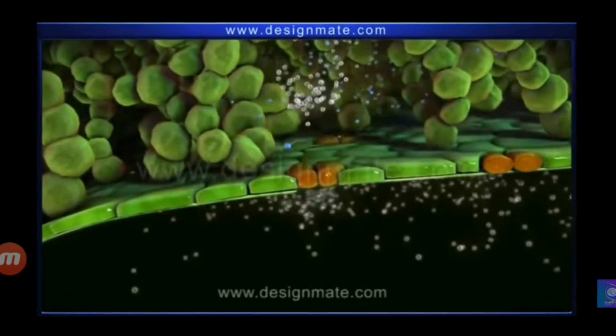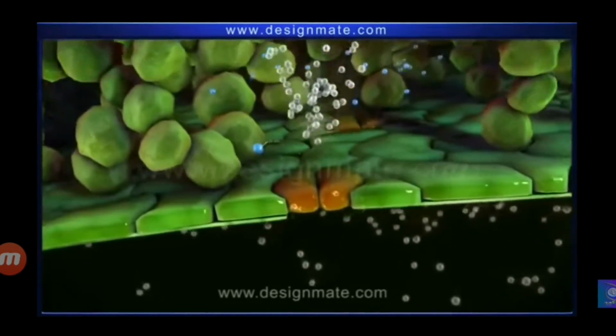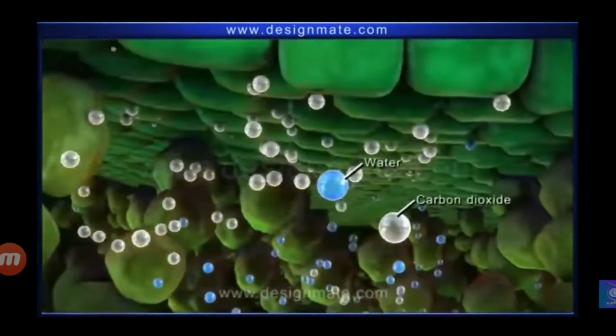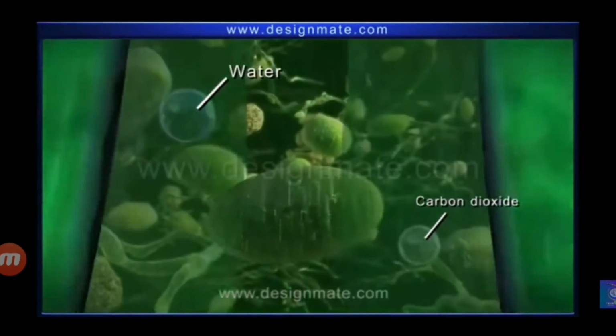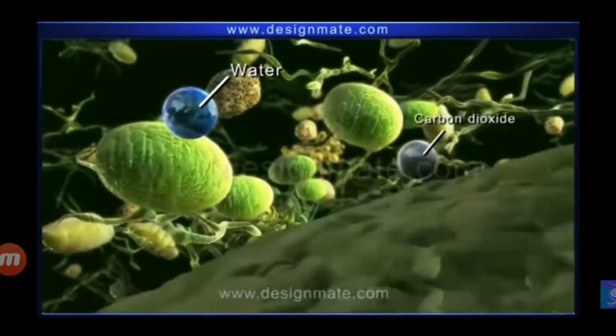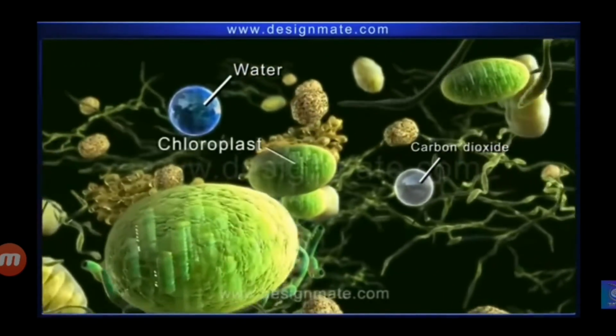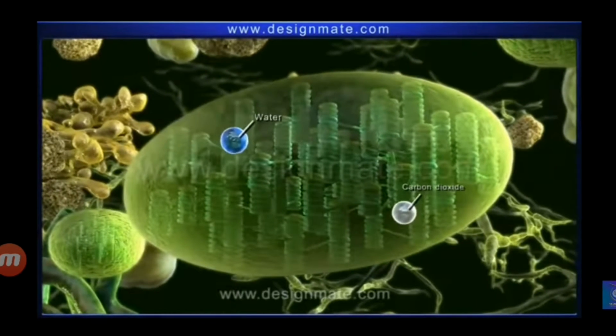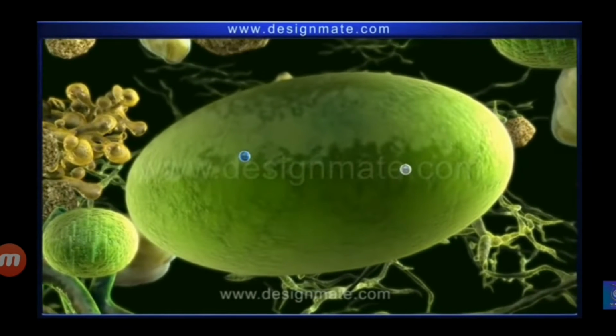Whenever carbon dioxide is required, it is taken from outside and enters through the stomata. After that, water and carbon dioxide go to the chloroplast cells, where the chlorophylls are.